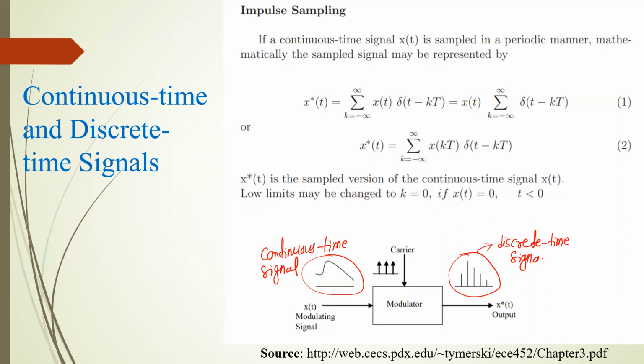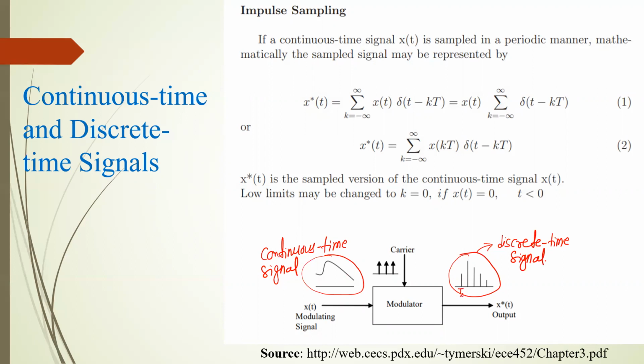This is our discrete time signal. We can already see that the continuous time signal is available at every moment, at every instant. We have a valid value for the continuous time signal, whereas for the discrete time signal, the values are only available at particular sampling instances.